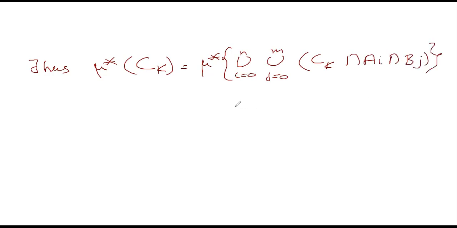Since the union is disjoint, each Ck is a disjoint union.